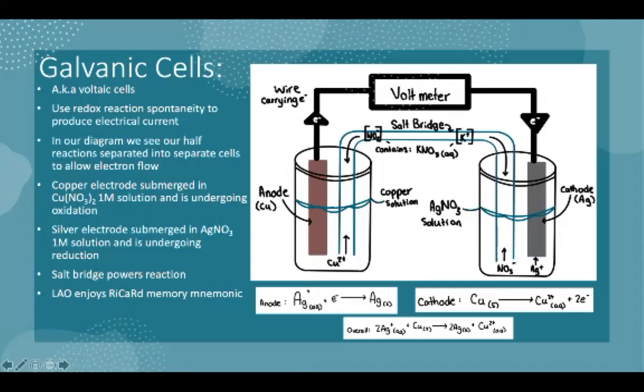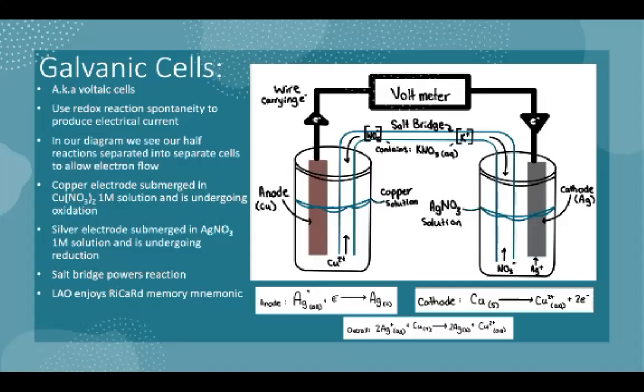Branching from our review of redox reactions, I'm going to take you through another brief review, this time on galvanic cells, which use properties like the spontaneity of redox reactions to generate usable electricity.